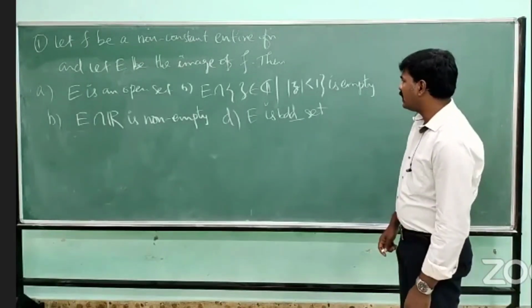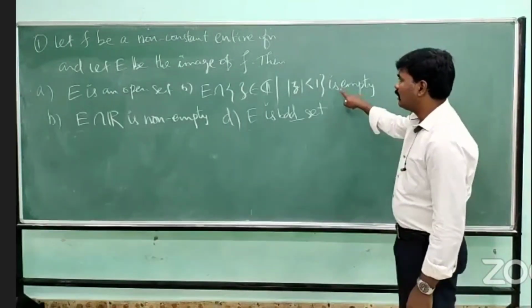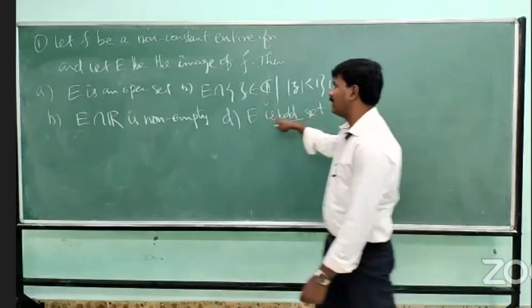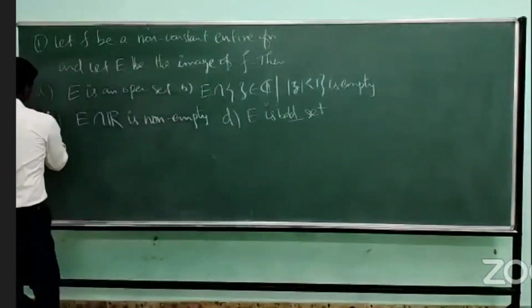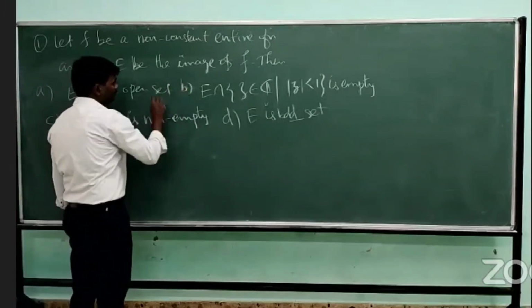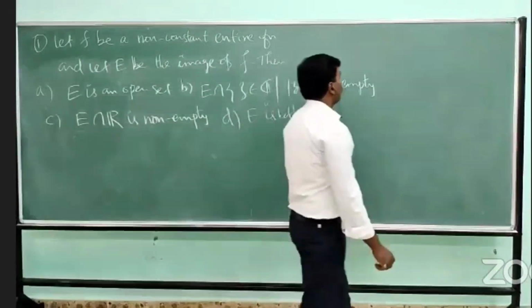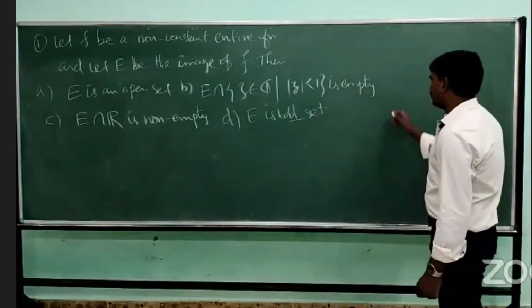A is an open set and this is an empty set. Option B is an empty set, but I wrote B here instead of C. Now it's okay. And D is bounded. Anyway, we try to solve it and see what it means.